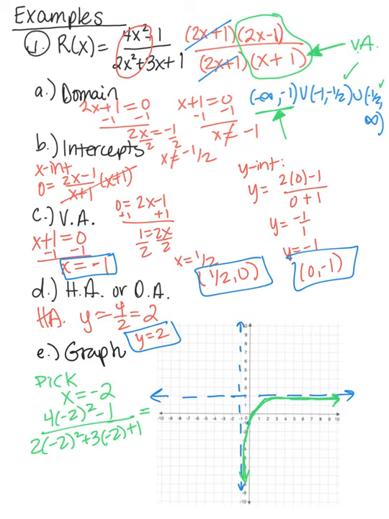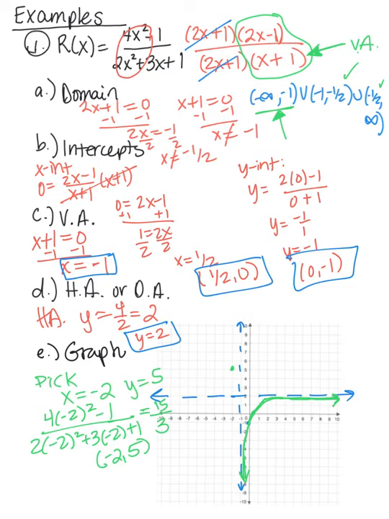Plugging in my -2 here, I'm going to end up getting 15 on the top and 3 on the bottom. Well, 15 divided by 3 is 5. So when I picked -2, I got 5. So my ordered pair would be (-2, 5).